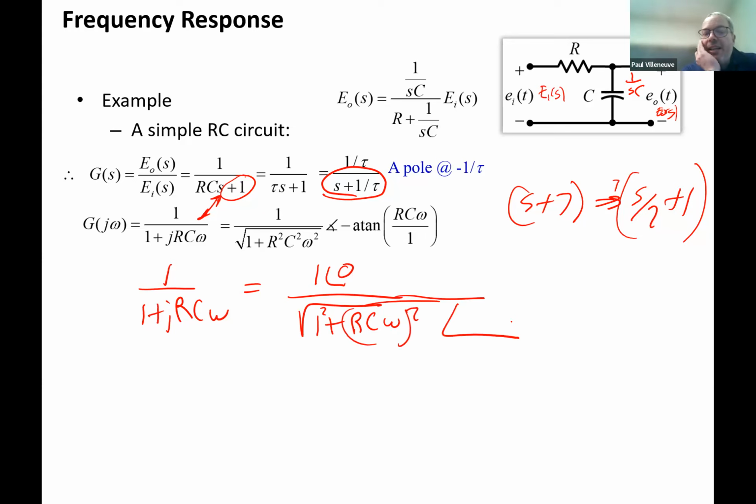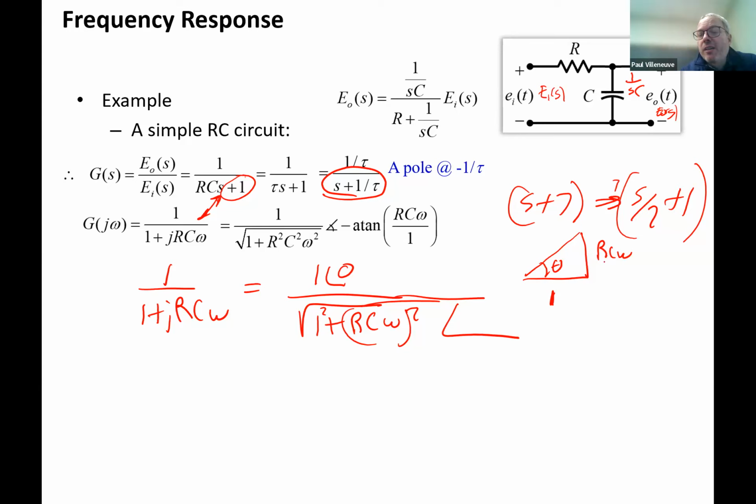What's the angle that I'm going to get over here? Keep in mind the real part is equal to 1, and the imaginary part is equal to omega. So what's the angle I'm getting here? Opposite over the hypotenuse is the sine, but I don't know the hypotenuse yet.